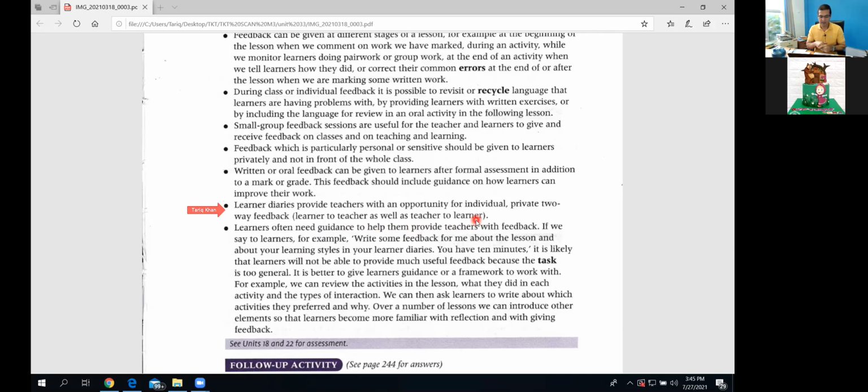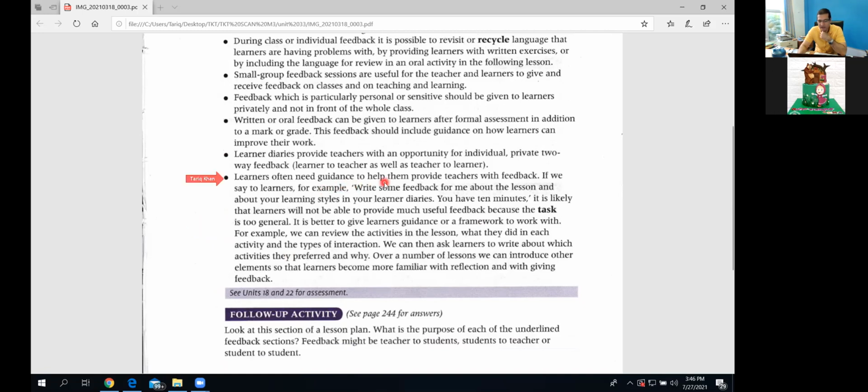So learner diaries are also a good way of feedback in a secured way, not letting others know about it. And the teacher only gets notice of what the students' feelings are about particular lessons or the teaching methods.